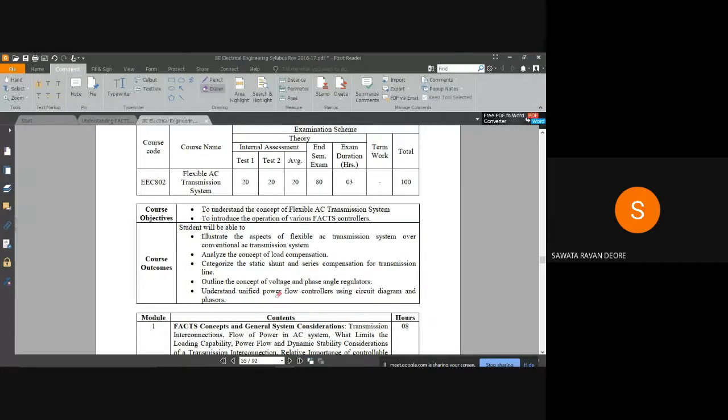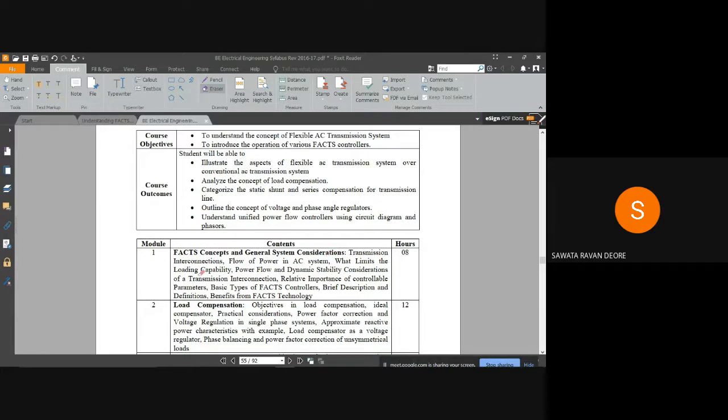And in the last module, the unified power flow controller is explained in detail along with its circuit diagram, and its operation can be understood by means of a graphical approach, that is a phasor diagram.